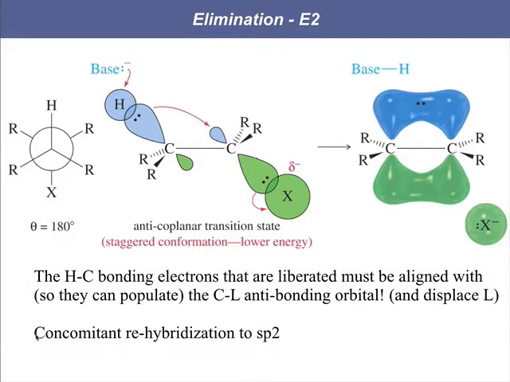Notice that we have concomitant rehybridization to sp2. That means that as this process is happening, this carbon is losing an entire group, and this carbon is losing an entire group. So we are going from having 3 groups around this carbon to 2, and 3 groups around this carbon to 2. And in place of those missing groups, we make a new pi bond.